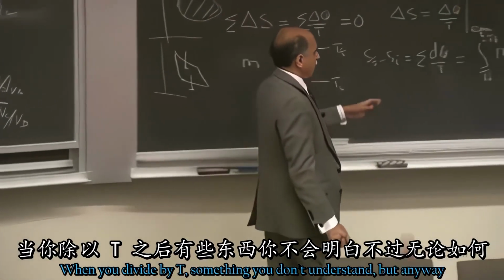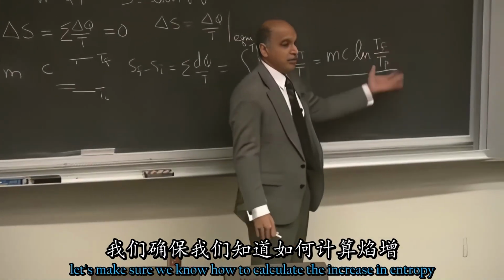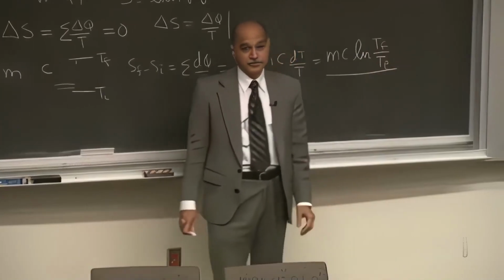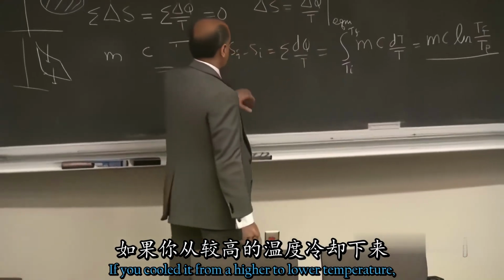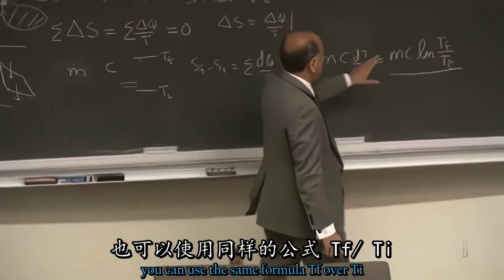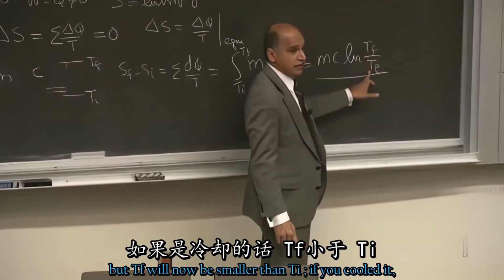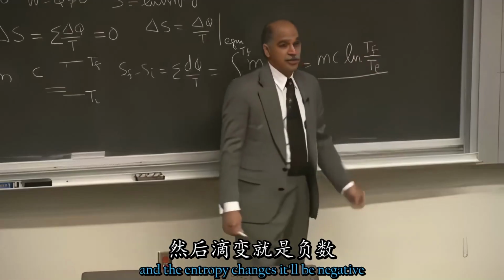When you divide by T, it's a thing you don't understand. But anyway, let's make sure we know how to calculate the increase in entropy when water or something is heated from a lower to a higher temperature. If you cooled it from a higher to lower temperature, you can use the same formula, TF over TI, but TF will now be smaller than TI. So log of a number less than 1 is negative, and the entropy change will be negative.